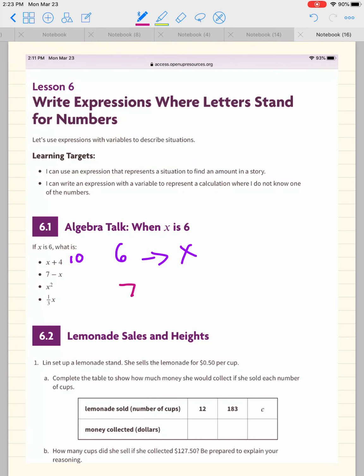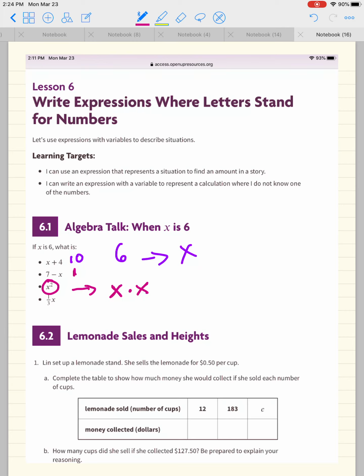Okay, looking at the next one, we have 7 minus x. We're going to change this to 6. And we have 1. All right, the next one, it may be a little tricky. You might not know what this means, but that is the squared symbol. And what squared means is that you're multiplying the number by itself.